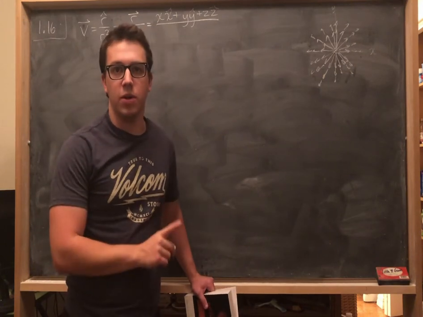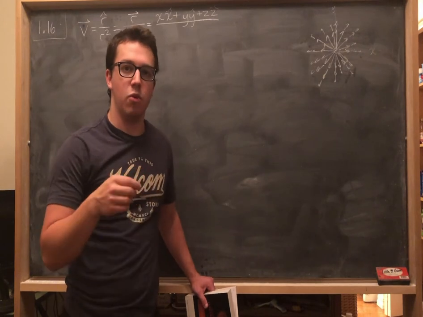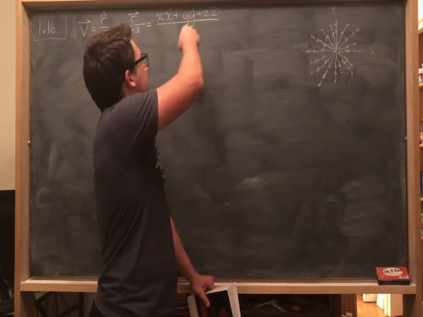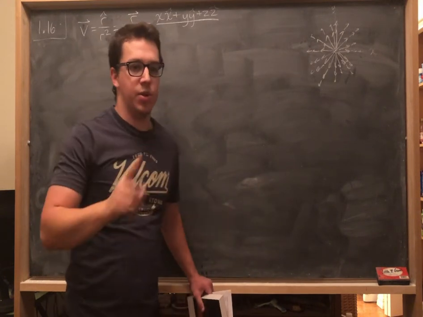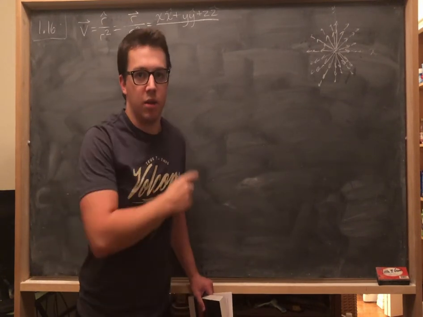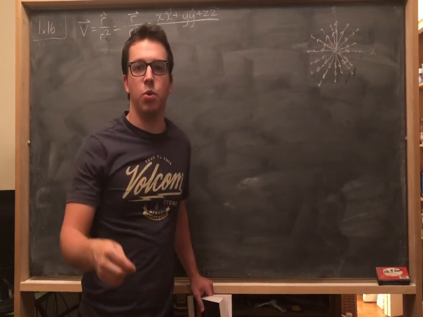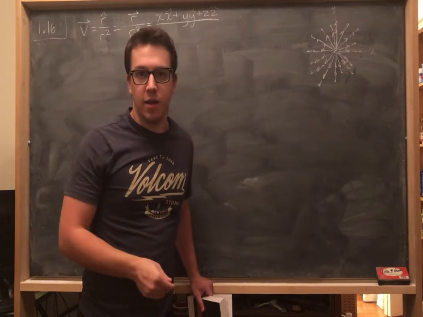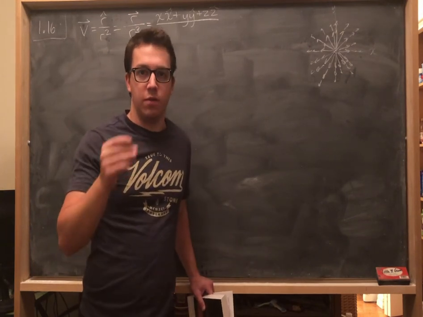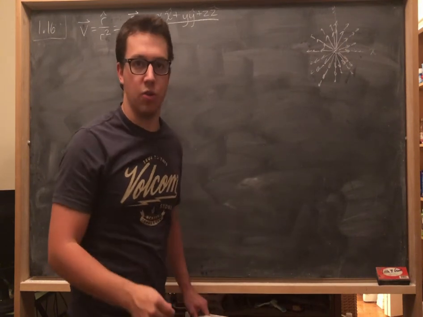The reason I'm computing in Cartesian coordinates right now is that spherical is not as easy to deal with, still not hard, but certainly not the way I would recommend computing this. The reason I'm doing it with Cartesian right now is simply because at this point, with 1.16, Griffiths has not introduced spherical coordinates yet. So if you were going along with the book in order, you would compute this in Cartesian coordinates at first.